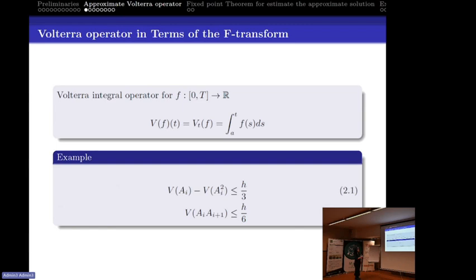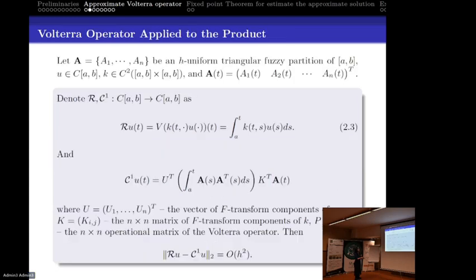Here is the definition of the Montero operator. In my own opinion, this part is the most interesting part of the whole paper. I give this example, and I will explain later why the example is interesting. Here, this is the R that I mentioned.